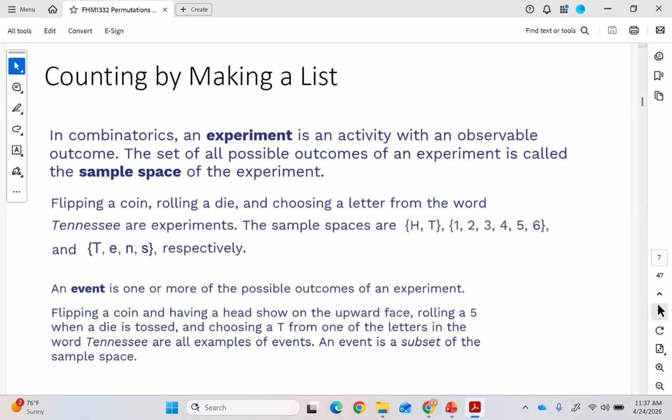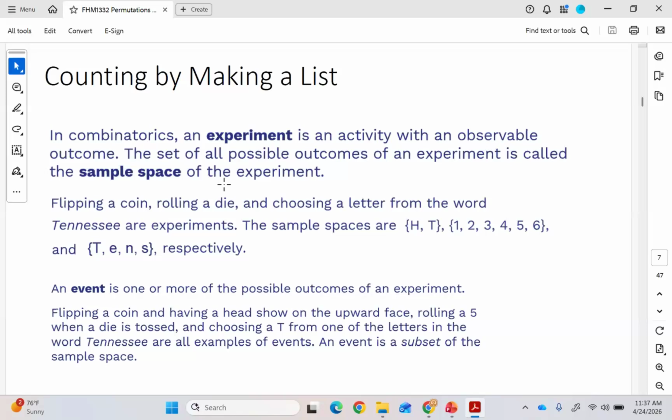We're going to call an experiment any of these activities like flipping a coin, tossing a dice, drawing a card from a deck of cards. Anytime we perform an experiment, we mean that we do one of these activities. The set of all outcomes is called the sample space.